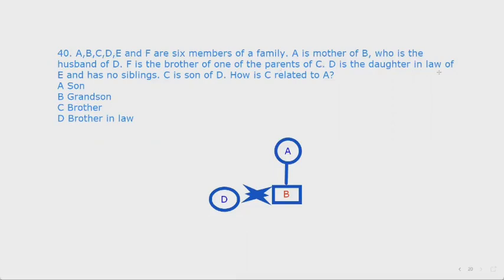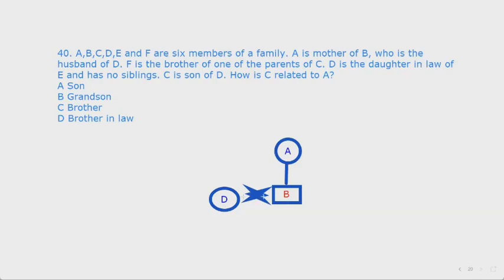D is daughter-in-law of E and has no sibling. D is daughter-in-law of E. Okay. So E is husband of A.